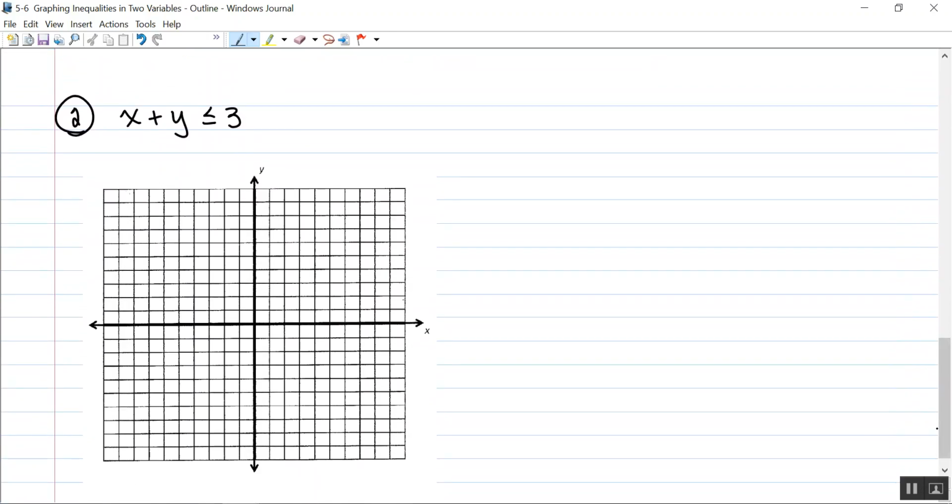Here I have the line x plus y is less than or equal to 3. So again, I need to solve this for y, put it into slope-intercept form to make it a little easier. So I'll subtract x from both sides. So I have y is less than or equal to negative x plus 3.